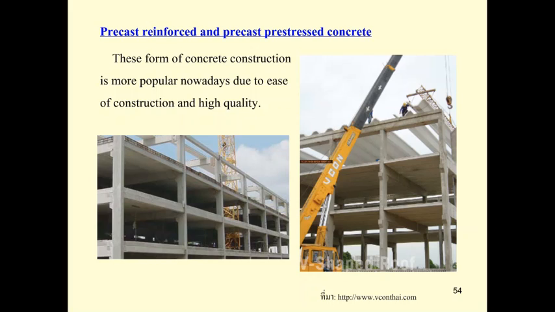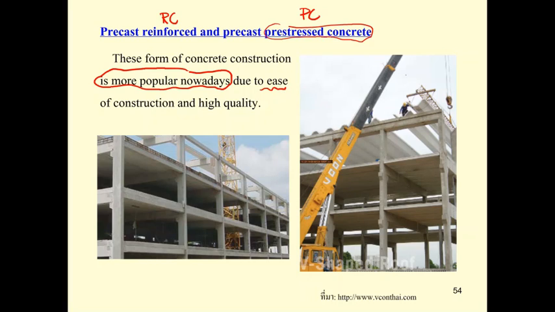Okay, and now we're talking about precast reinforced concrete or precast pre-stressed concrete. Okay, for reinforced concrete, we use the word RC. For pre-stressed concrete, we use the word PC. This form of construction is very popular nowadays in Thailand because we lack workers, and especially nowadays the cost of workers is very expensive.